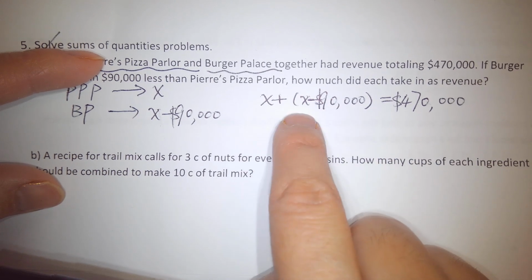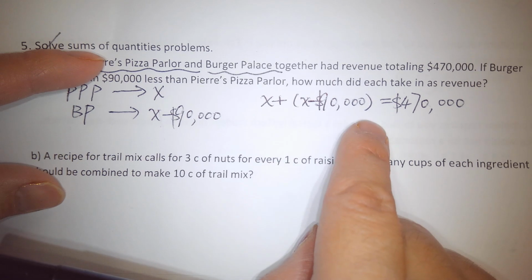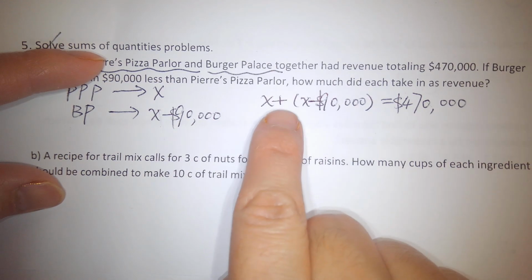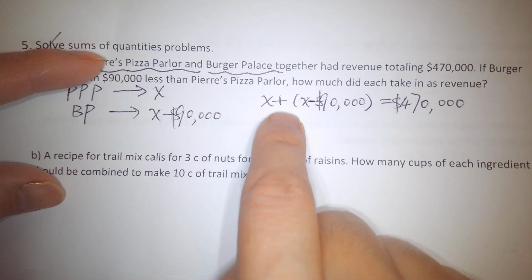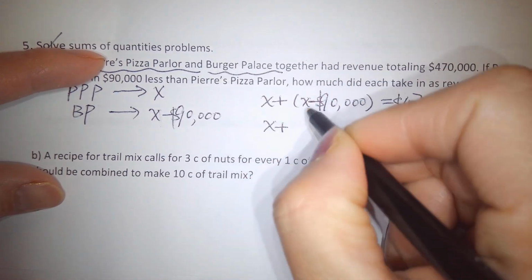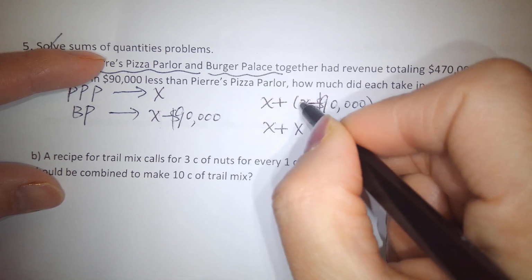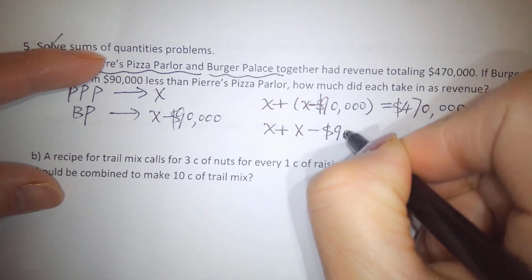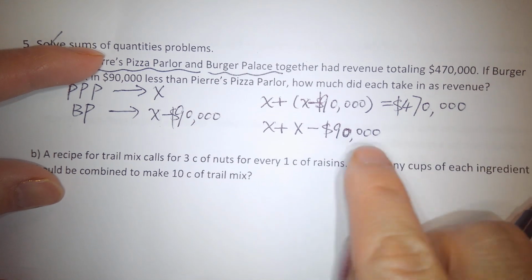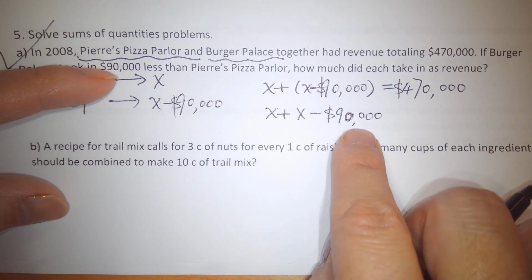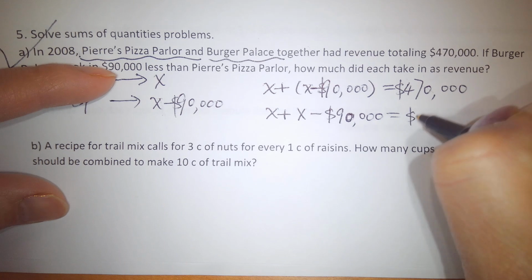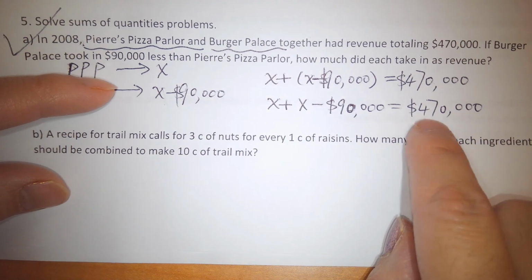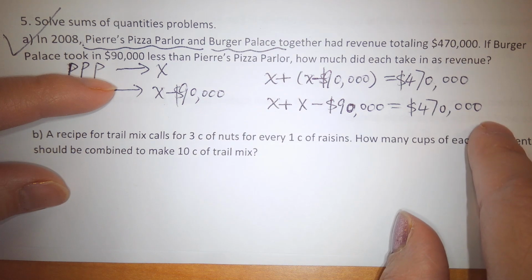We have a parenthesis, right? To clear out the parenthesis, what should we do? Distribute by positive 1, right? So X plus 1 times X is X. 1 times negative 90,000 is negative 90,000, right? Equals 470,000.